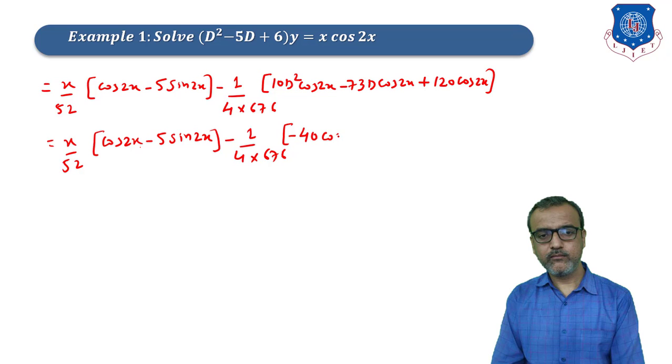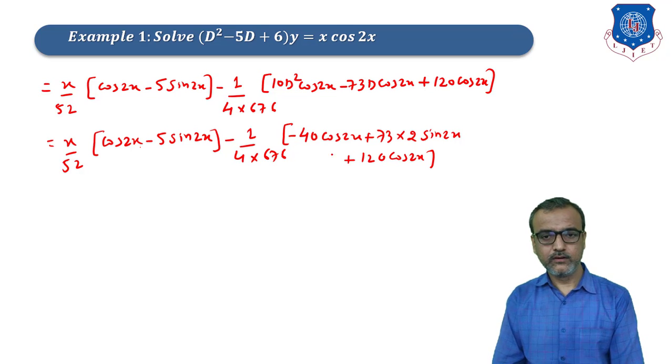Now the derivative of cos 2x, that is minus 2 sin 2x, so minus minus plus 73 into 2 sin 2x plus 120 cos 2x.